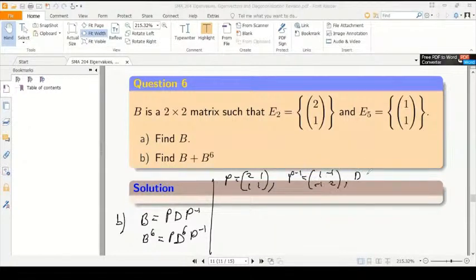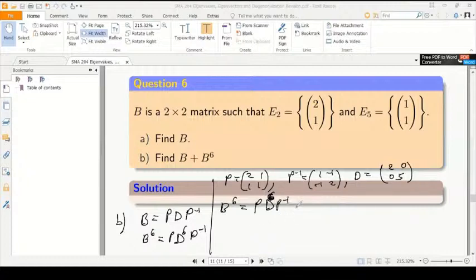And we found D to be [2, 0; 0, 5]. This one was given in the question. Therefore, B raised to 6 would be P times D raised to 6 times P inverse.